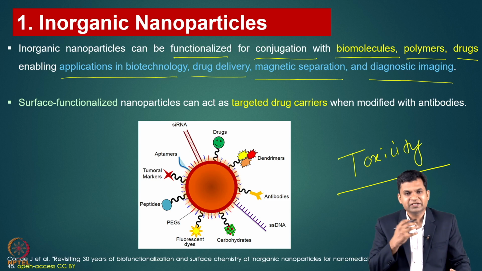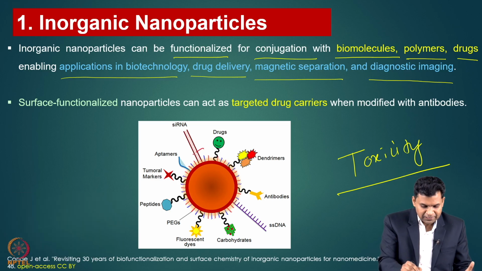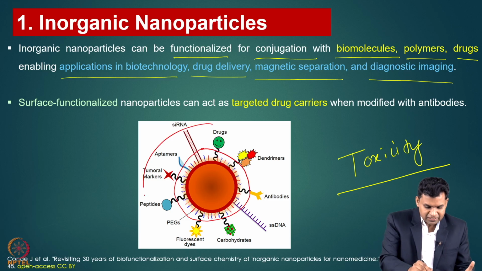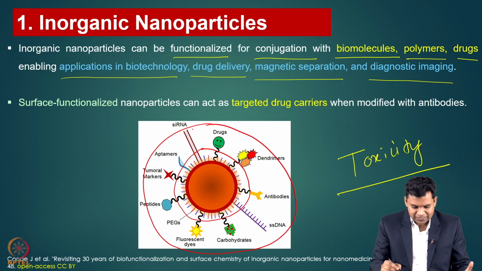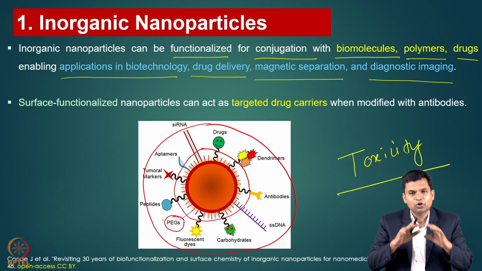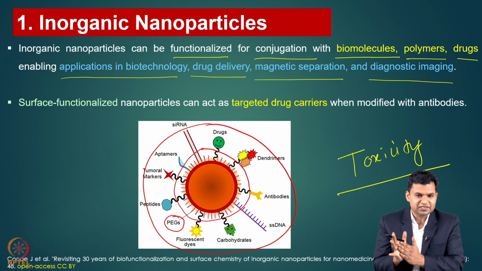So, to avoid that, we need to conjugate or modify the surface of the particles, magnetic nanoparticles, with various types of biomolecules. You can also use polyethylene glycol to modify the surface of the nanocarriers, especially in inorganic nanocarrier systems.